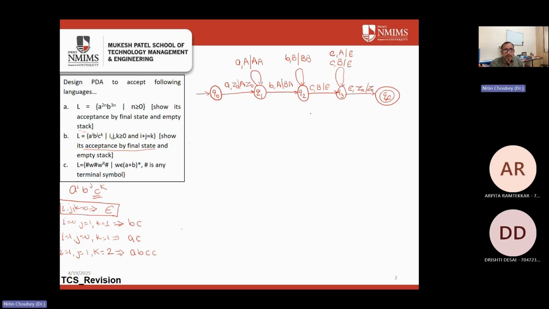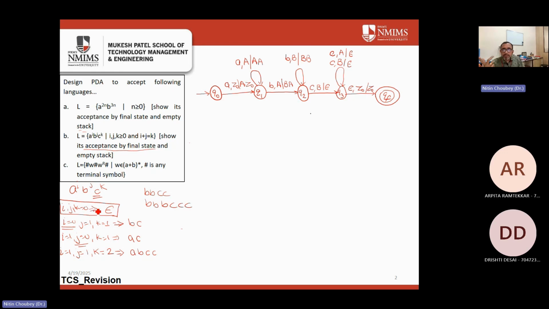Now we'll go for these alternative cases wherein I is 0 or J is 0. When I is 0, the situation would be like that the number of C's is equal to number of B's. So ultimately we will have B, B, C, C, this type of scenario, or B, B, B, C, C, C, and so on.